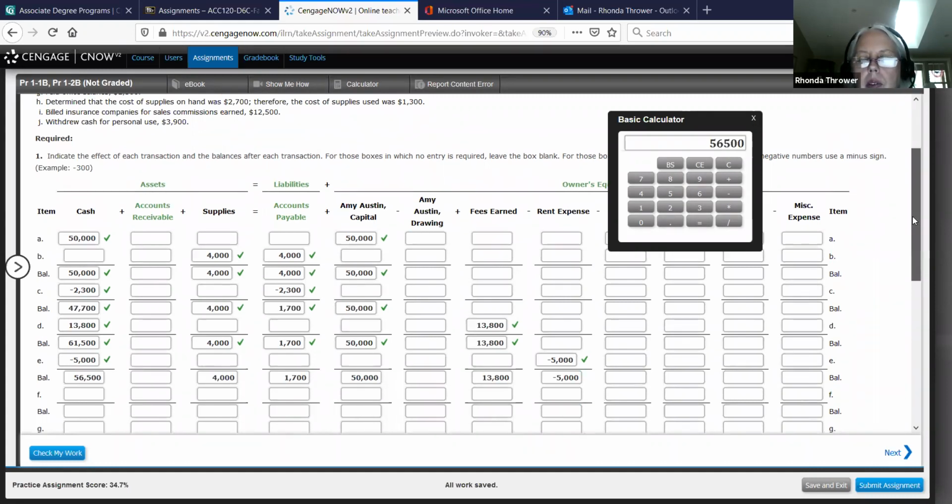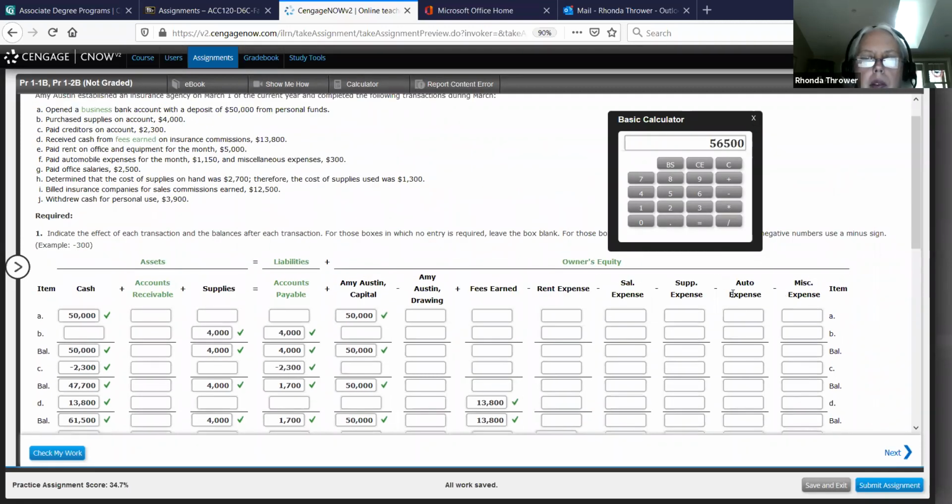Now, when you're recording your expenses, you record expenses separately for each type of expense, because the owner would be interested in knowing how much his expenses were for certain expense items. At the end of the month, we're going to tally up those expenses to see what the total amount of the expenses are, because those expenses will affect the owner's equity negatively.